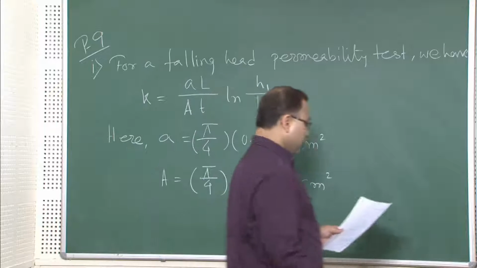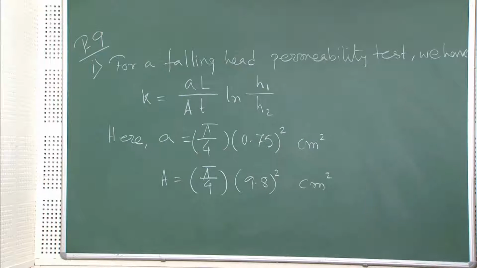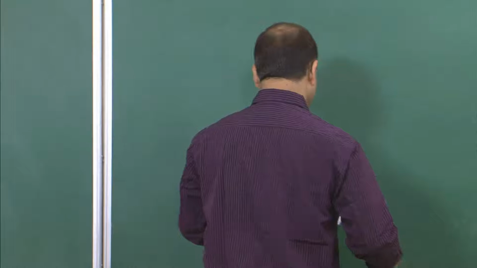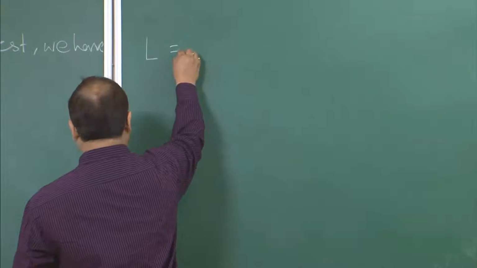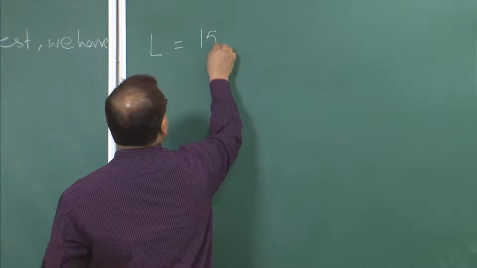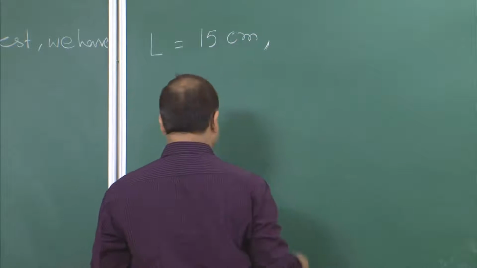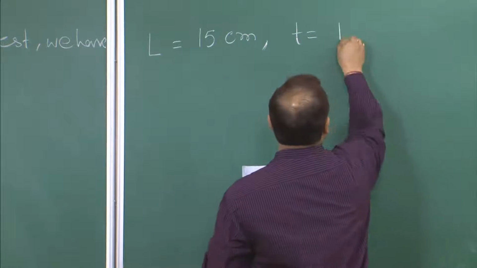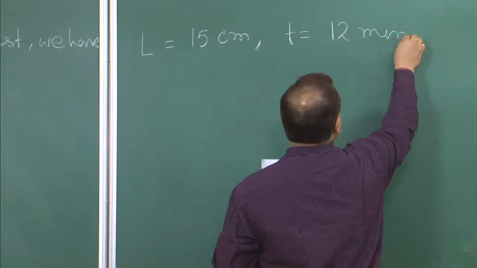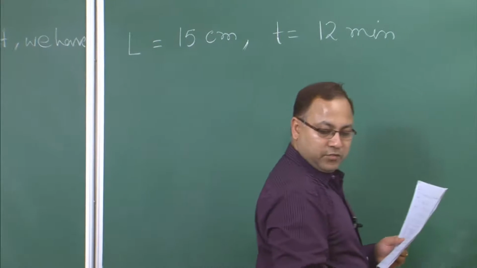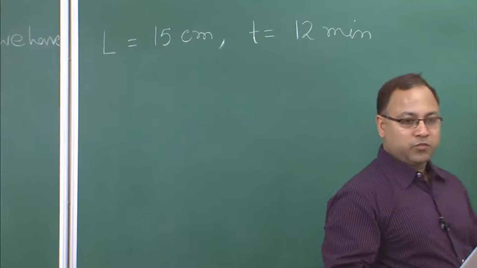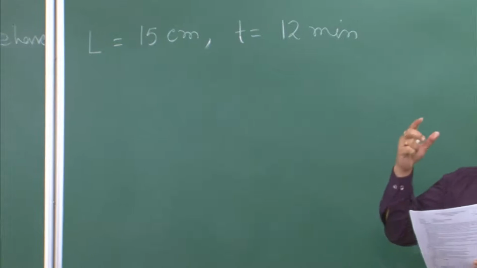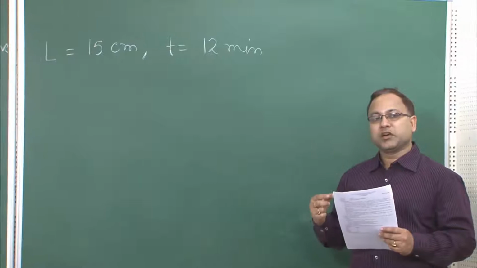Now, what is L? The length of the soil specimen is given in the problem as 15 centimeter. And t is 12 minutes, because it takes 12 minutes for the head to fall from 60 centimeter to 45 centimeter.